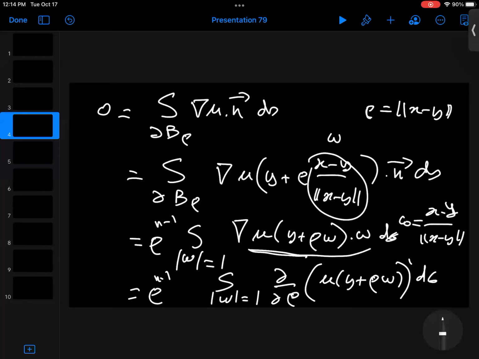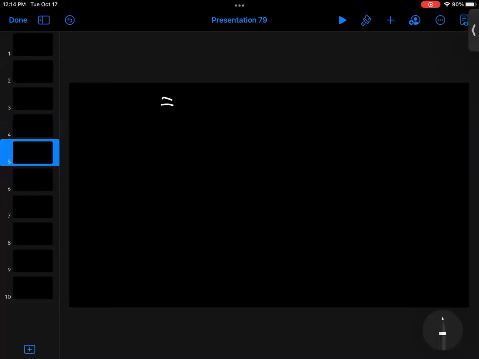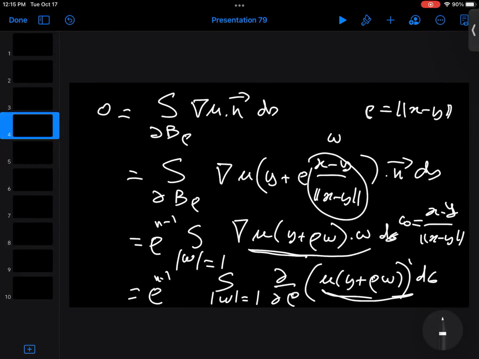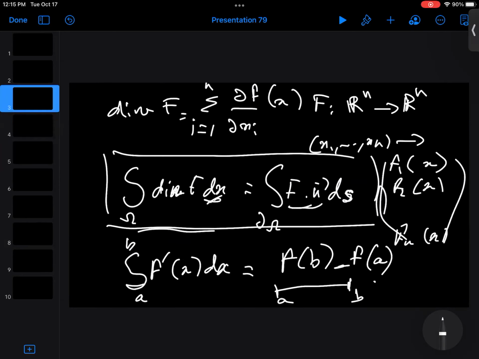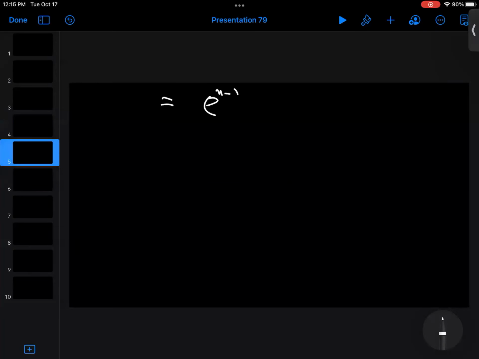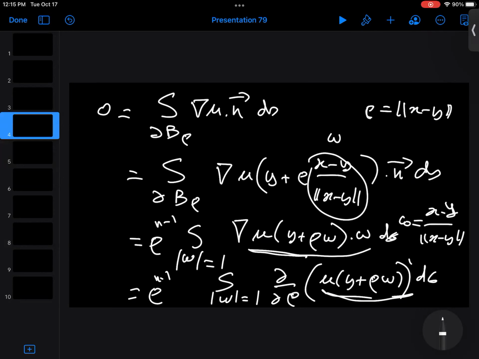And what I get is that this is equal to rho n minus 1, and this here, so first, if everything is regular, I can take the derivative out.